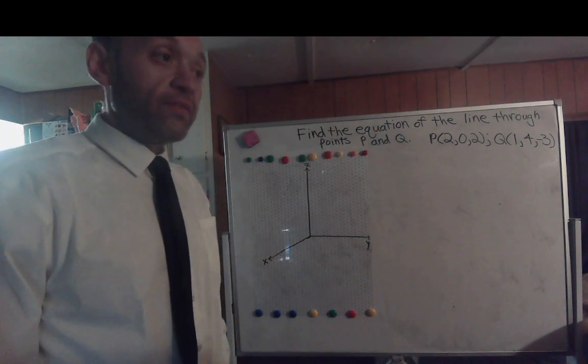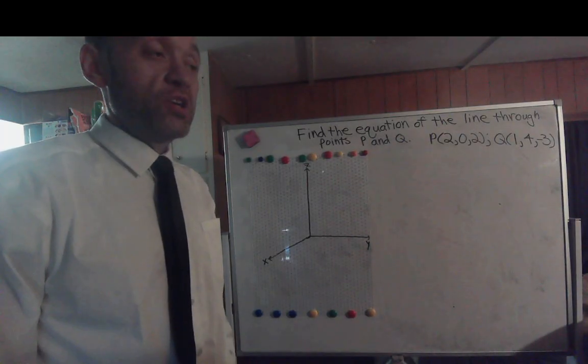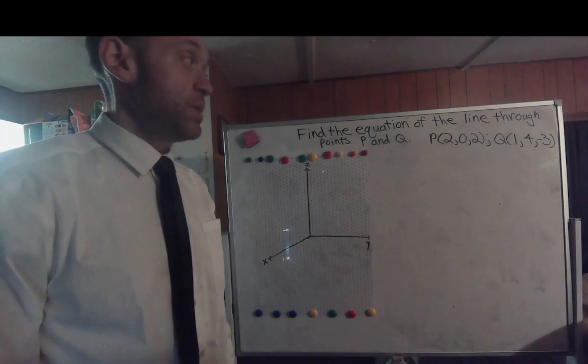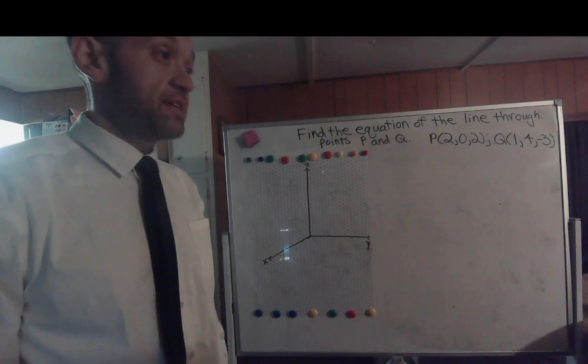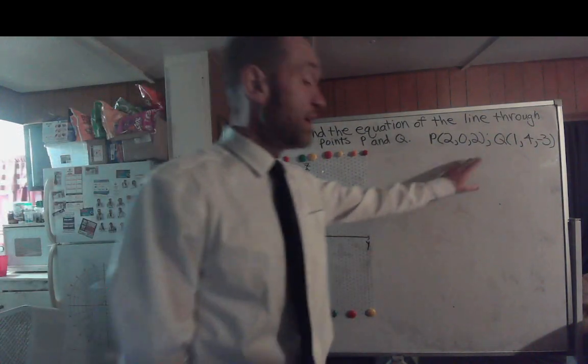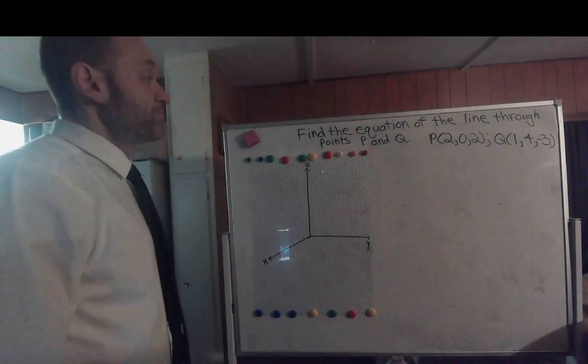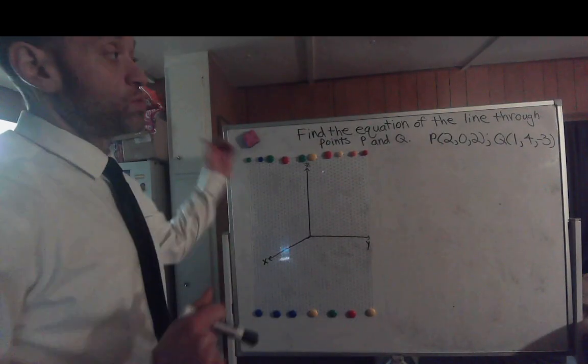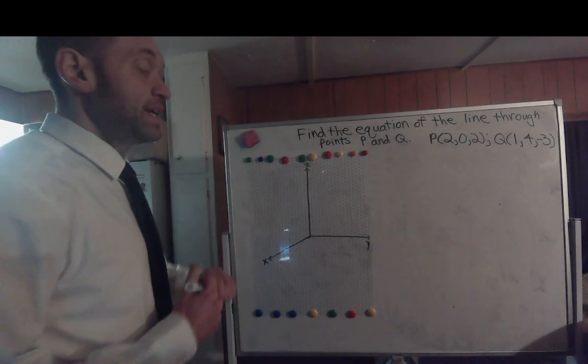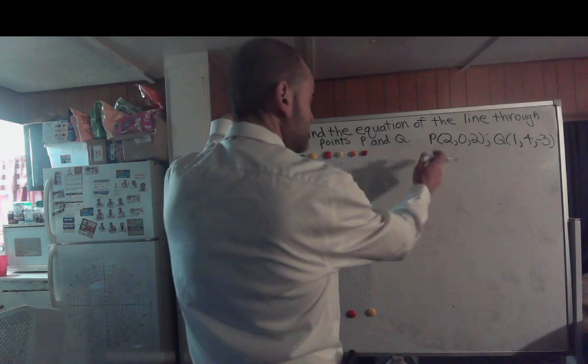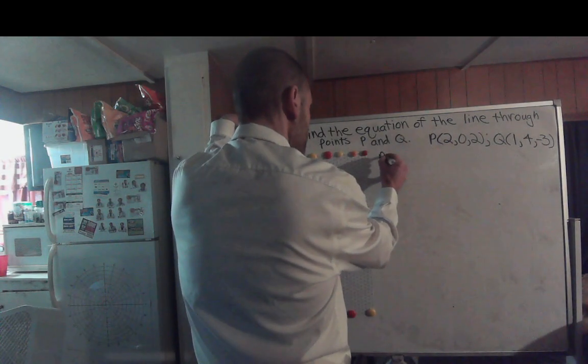Now, believe it or not, it's not all that much different than what we've been doing. The biggest difference is we have to find the vector, the direction numbers. So, the line's going through those points, so we need to find a vector. So, let's find vector PQ to start with.